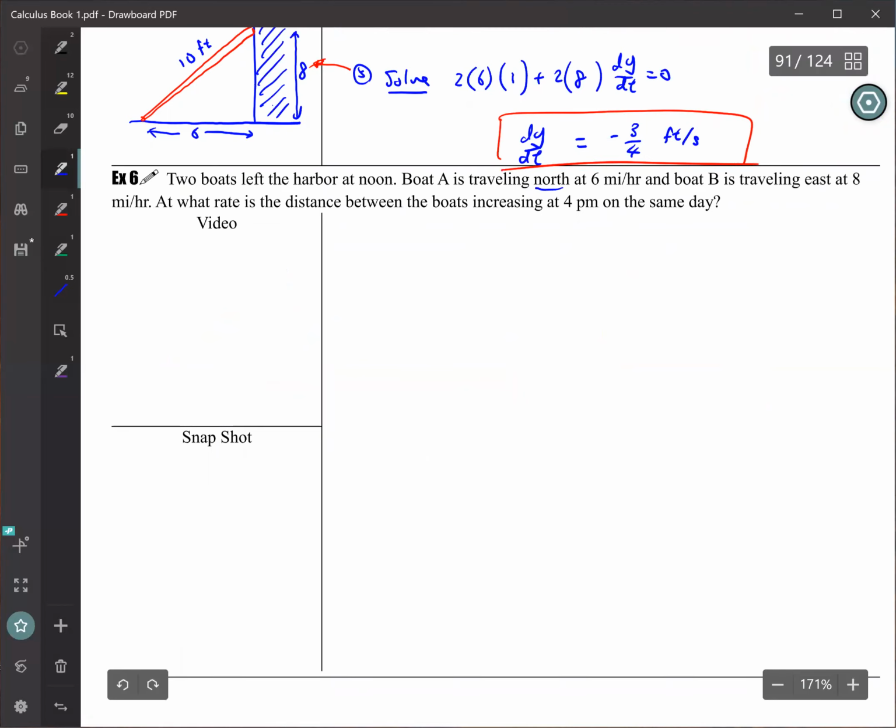Going north and going east. At what rate is the distance between the boats increasing?